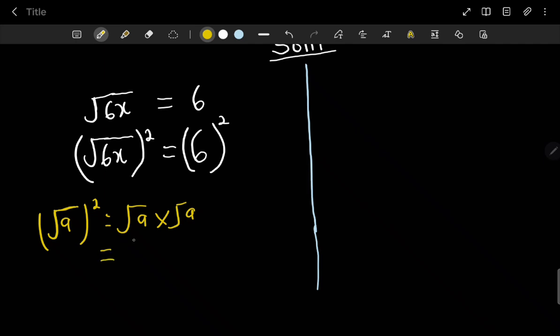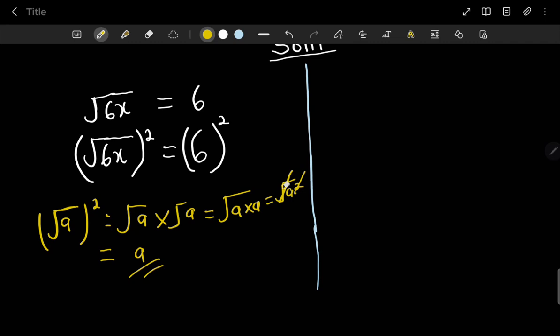And this is equal to what? A, right? Because square root of a times square root of a is the same as square root of a squared, and the square takes away the square root, which gives you what? A, right?